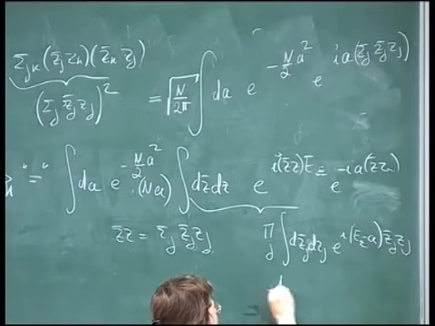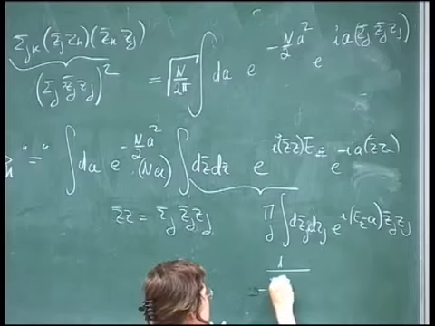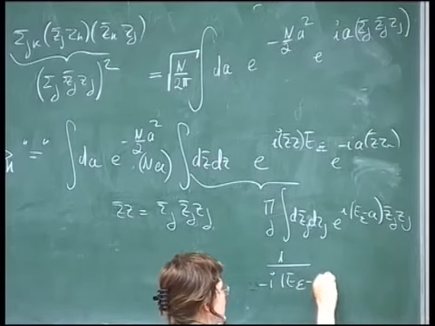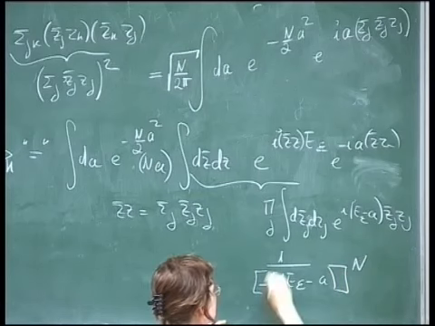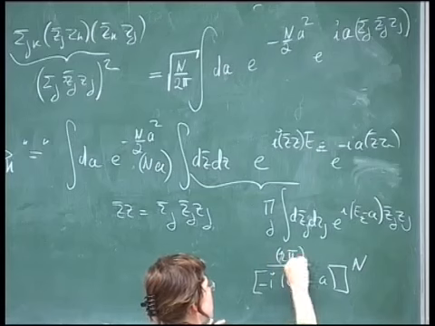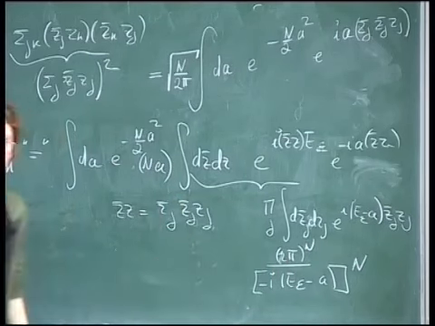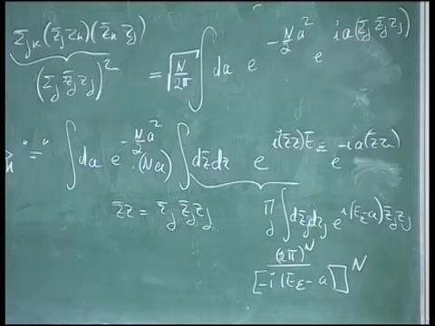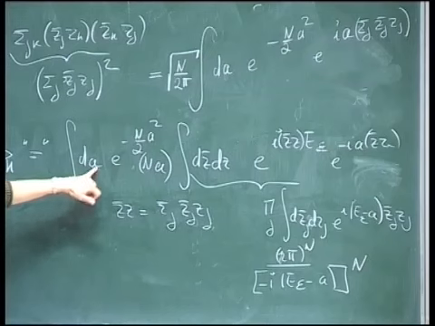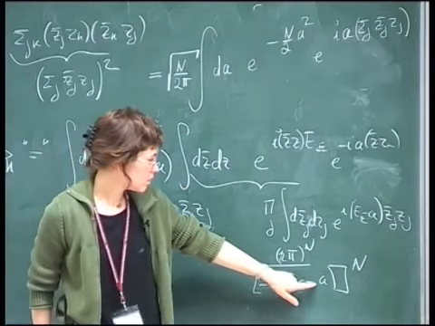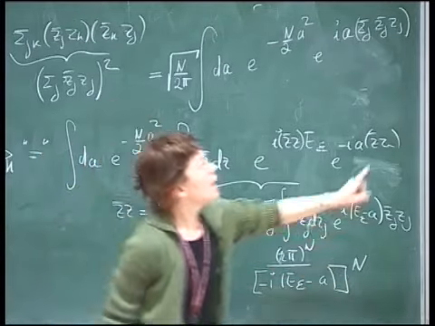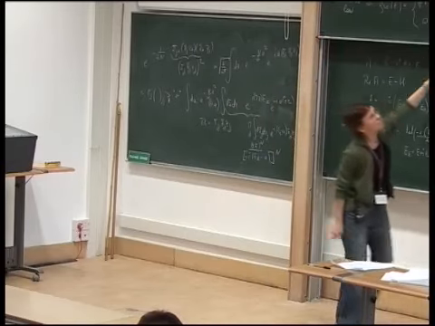So you have 1 over, there is a minus I, e epsilon minus a to the power n, and there is some 2 pi to the power n. So you see we end up with an integral over a of the exponential minus n a squared. We have e epsilon minus a to the power n.